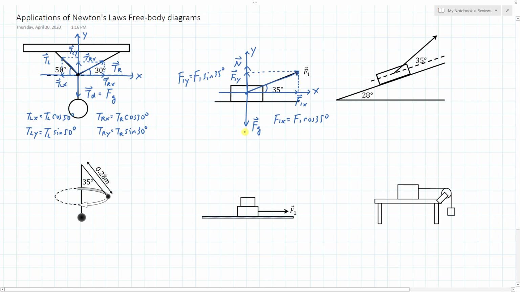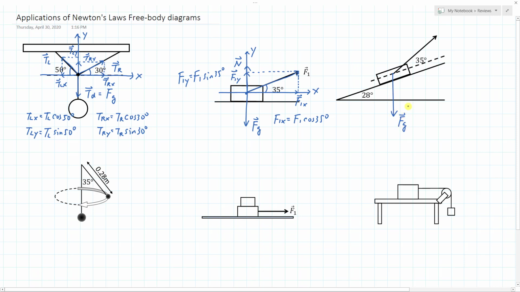All right. So now we're done with these, and we also have this one here, a box on an inclined plane. So let's first draw gravity. Gravity is straight down. Okay.